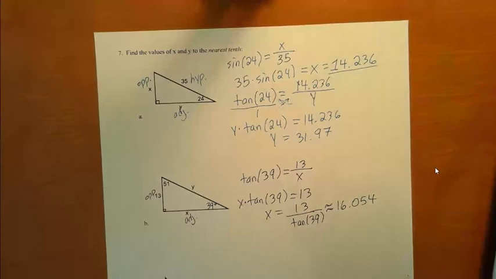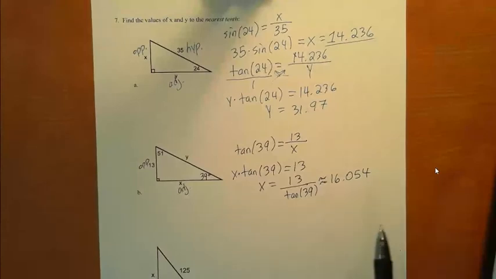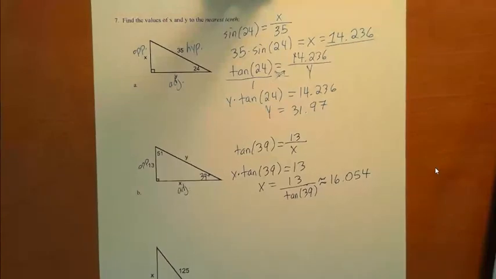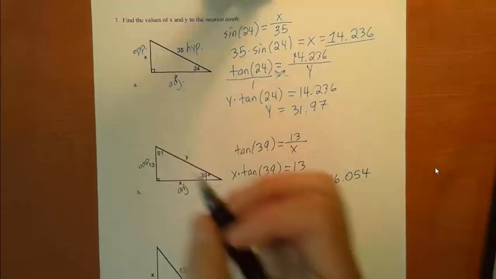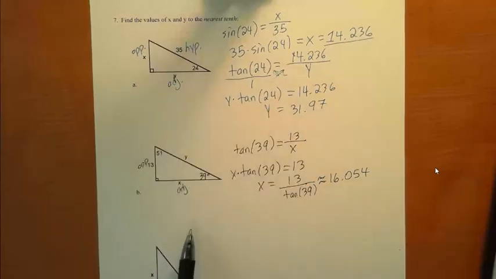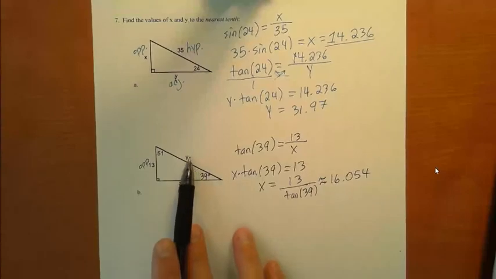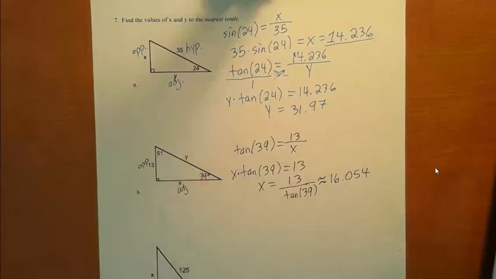And now we have both legs of a right triangle using our trig functions. So something that you might be thinking is, well, if I have two sides of a right triangle, I can use the Pythagorean theorem to find the hypotenuse, which is going to end up as 13 squared plus our new x squared that we just found is going to give us our unknown y squared.